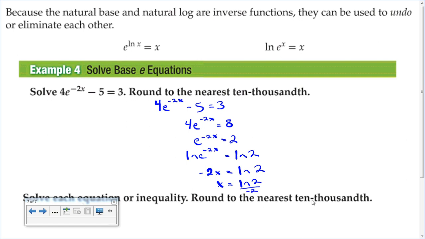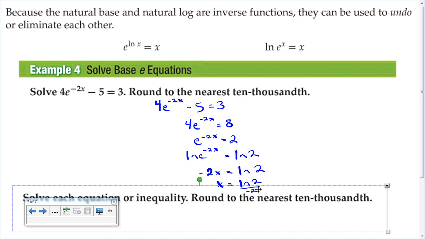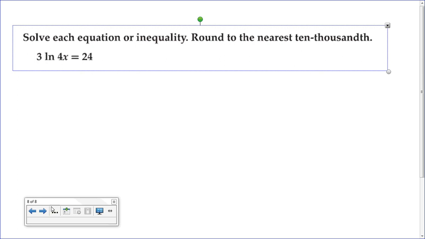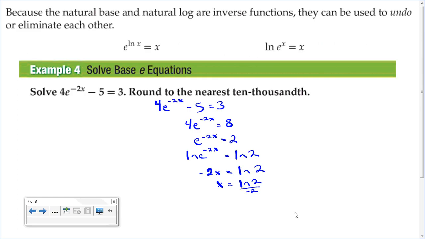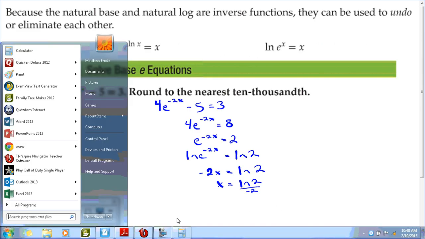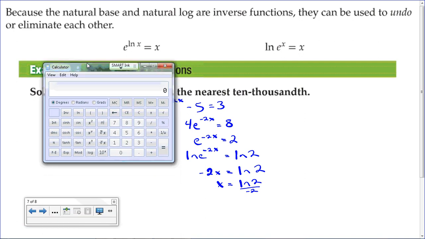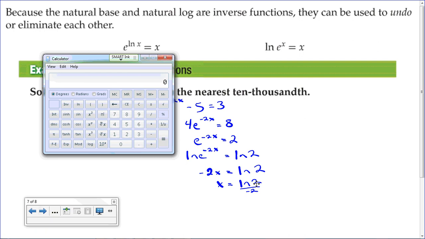Let me clear this out so I've got a little bit more room. Now, to calculate this, I've got a calculator right here. I need to do the natural log of 2. On this calculator, you'll see your natural log button right there. This one does not follow order of operations very well. That's the natural log of 2.